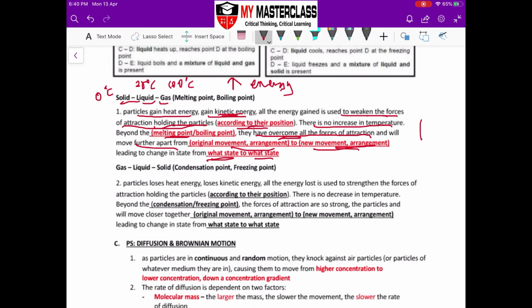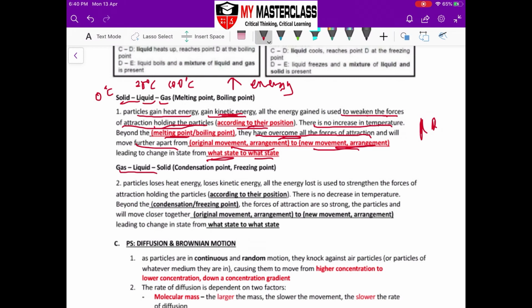This is the standard answer we write when we describe a change in state using energy. Change the red points according to which state or process we are describing, whether melting, boiling, condensation, or freezing.